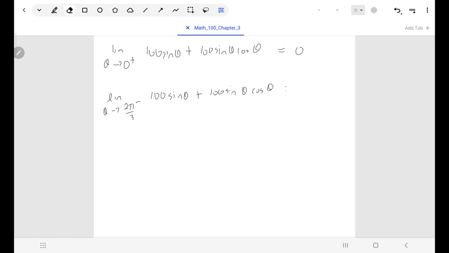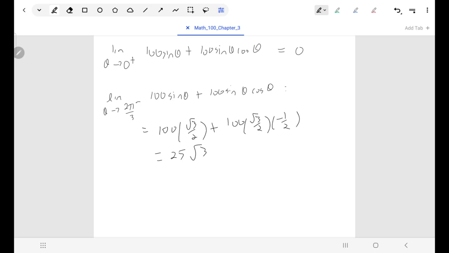So I'll wind up with, in my first term, 100 times root 3 over 2, and in the second term, 100 times root 3 over 2 times negative 1/2. So in this case, I wind up getting an area that is 25 root 3.